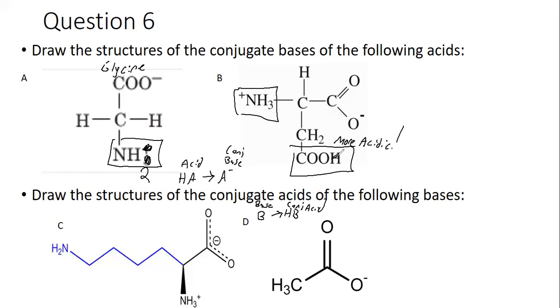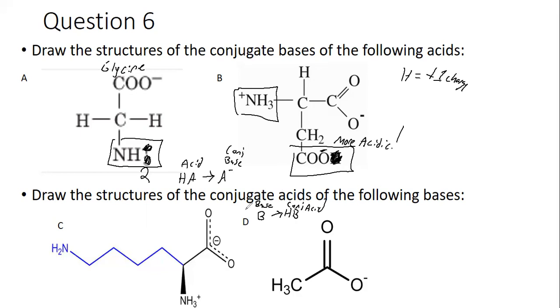So this is where we're going to lose the proton. So that's going to go away. And remember, a proton has a positive 1 charge. So this is going to become COO minus. Since it was COOH neutral, losing that proton makes it minus, negative charge.